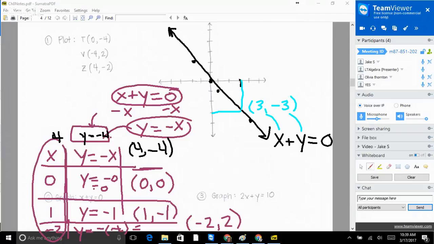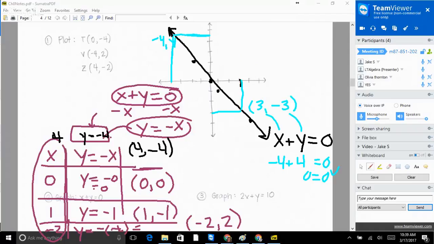If I go way up here, 2, 3, 4. So when x equals -4, y equals, it's not exactly to scale, but when x equals -4, y equals +4. And that's another answer, right? -4 plus +4, that's 0.